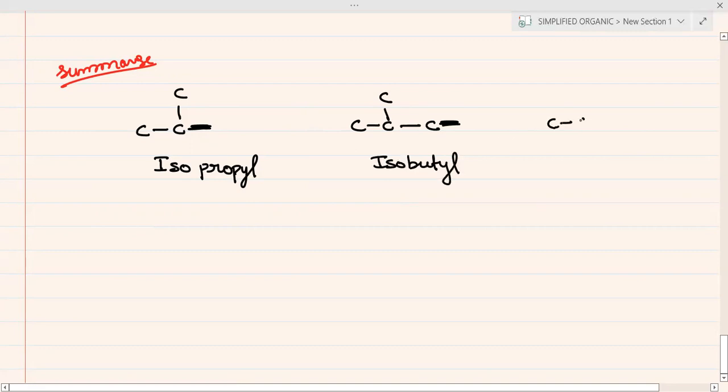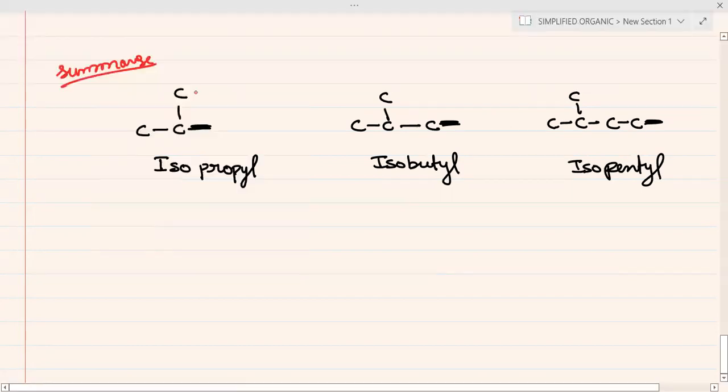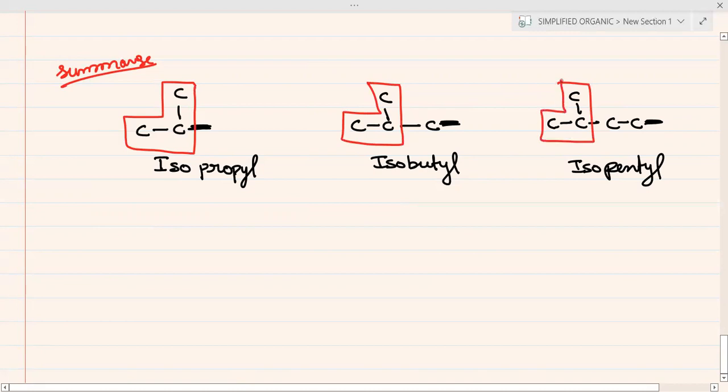And if I make it with five carbons, it is called isopentyl. In all these iso branches, you will definitely find this part. See, this part is compulsory: last but second carbon will have a methyl group. And I told you isopropyl is also called secondary propyl because the bonding is from the secondary carbon.